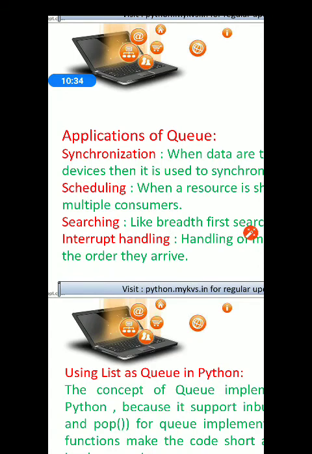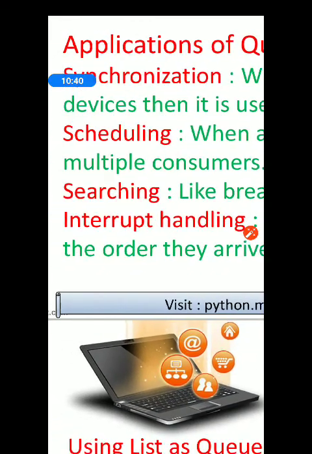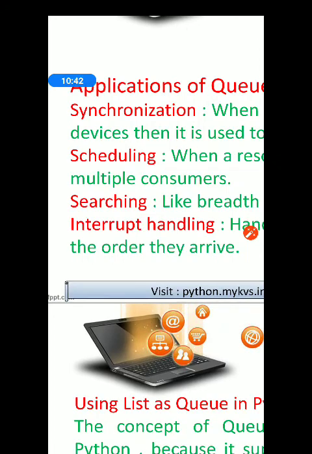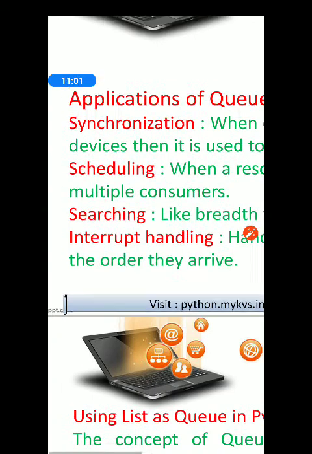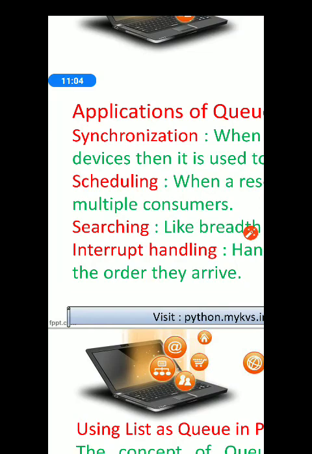For the scheduling algorithm, this type of queue data structure will be used. For different types of searching mechanism, queue will be used. Then interrupt handling: whatever interrupts are coming through the programs or the operating system will be handled by the operating system using the data structure queue. So these are a few applications of queue.